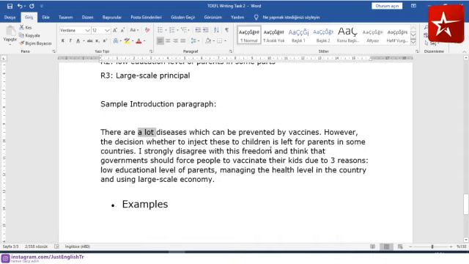What else can I change with better words? Maybe "people" I can change with "adults" here to vaccinate their kids or children. We have already used children, so kids is okay in this sentence, no problem.